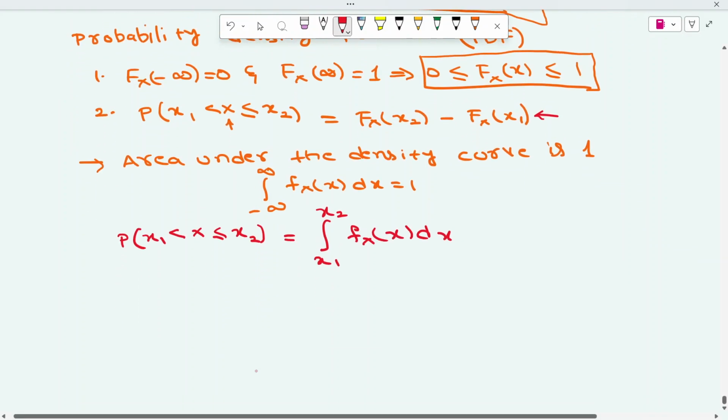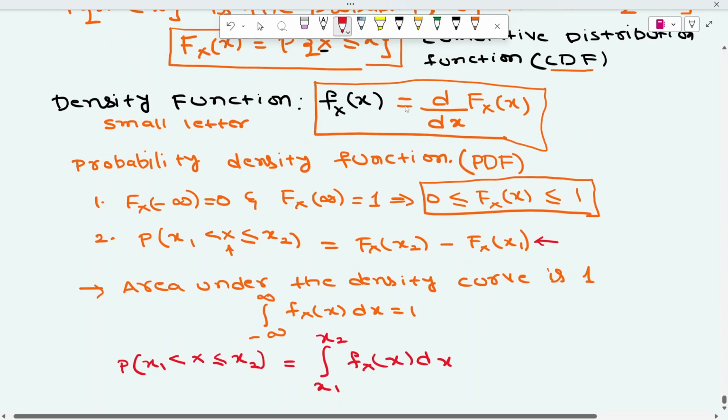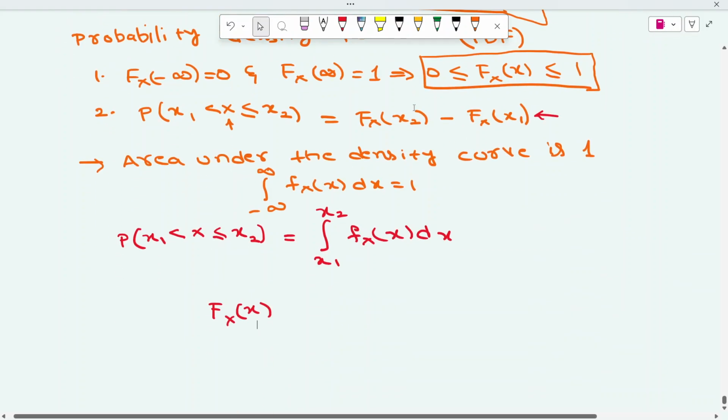Sometimes we will be given the density function and asked to find the distribution function. As we have defined, the density function is the derivative of the distribution function. So we can find the distribution function by moving dx to the other side, and 1 by d becomes the integral.